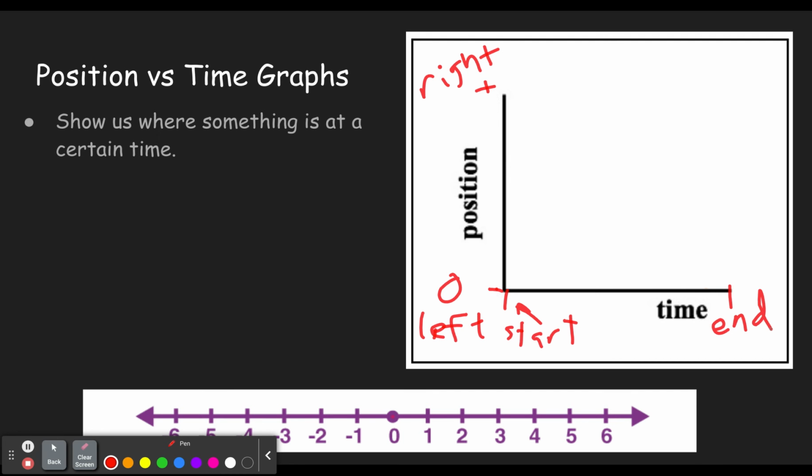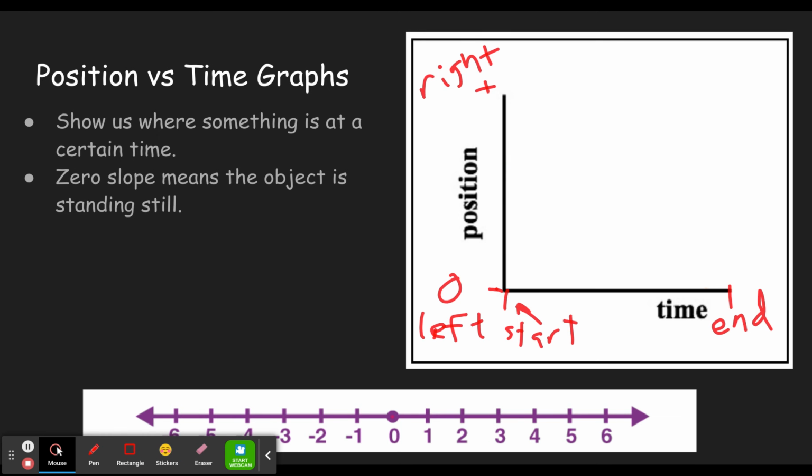Okay, all right. So let's go ahead and take a look at the first statement here. Slope 0 means an object is standing still. Well, what does slope 0 look like? Slope 0 would look like that. In other words, its position has not changed.